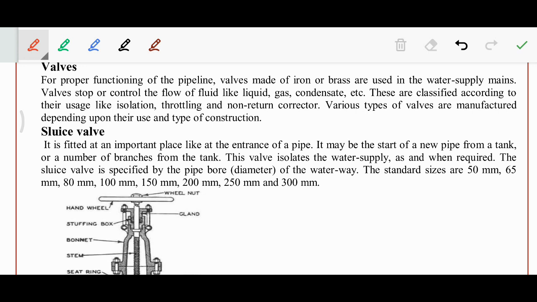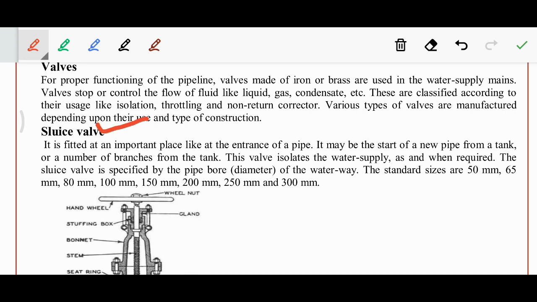These are classified according to their use, like isolation, non-returning, or if you want to stop the flow, it is installed.